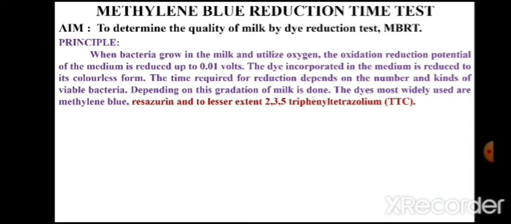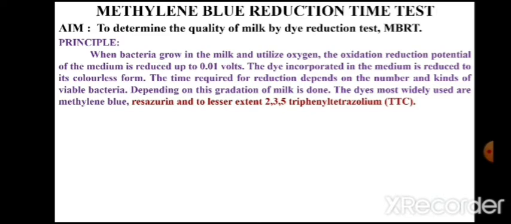In such an electron rich environment, if any substance is added, what will happen to that substance? That substance will accept the electrons and undergo reduction. Due to the presence of electrons, the compounds get reduced.